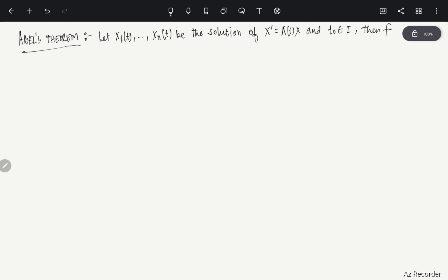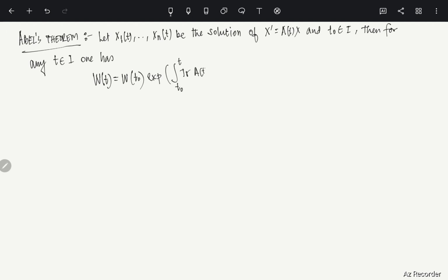Then for any t in I, one has the Wronskian at any point t depends on the Wronskian at the point t naught times the exponential of the integral from t naught to t of the trace of A(t) dt. What is the trace? It's basically the sum of the diagonal elements. Right. Now, how do you show something like this?